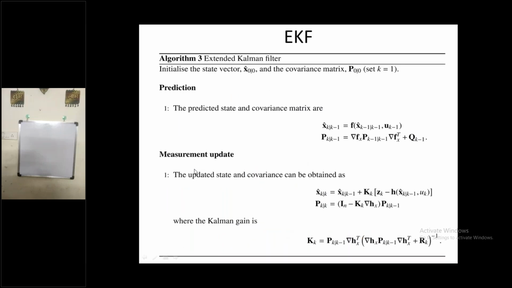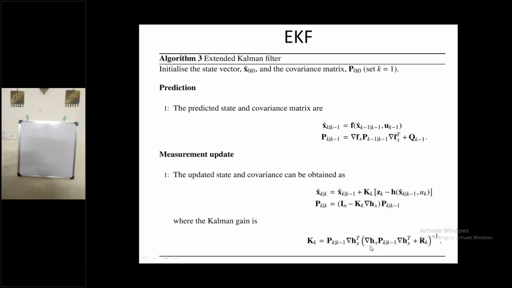So now this is the extended Kalman filter. We need the initial state and initial covariance. We set k equal to 1. Similarly, to calculate this one, we need x hat 0 at 0 from here, and for this one P0 at 0 from the initial condition, when k equal to 1. And here this xk at k minus 1 you will bring from here, and you need the K calculation.